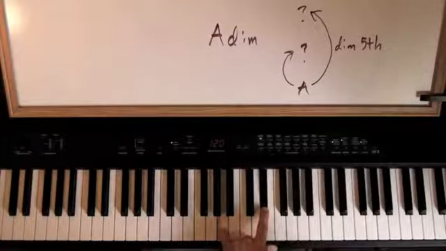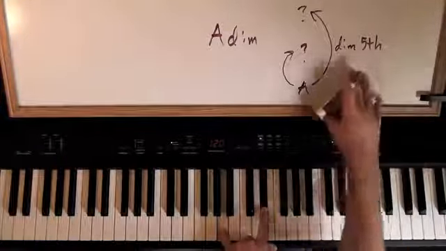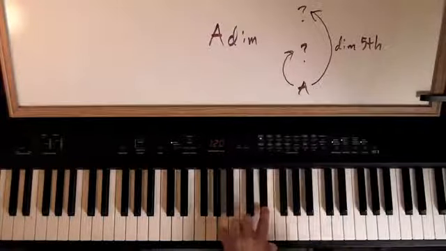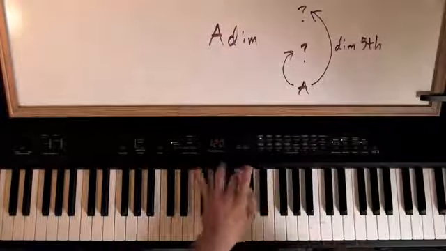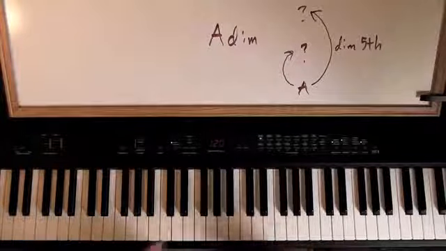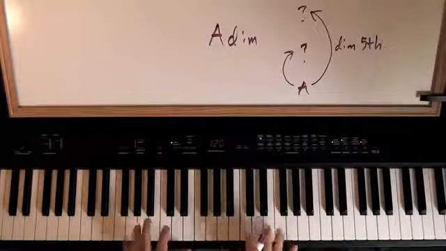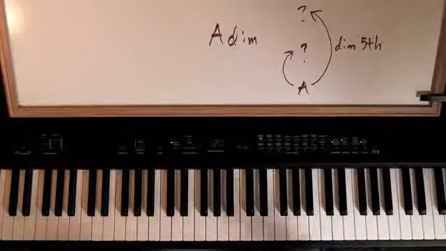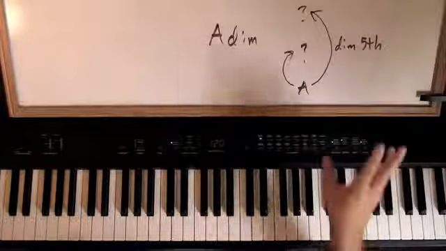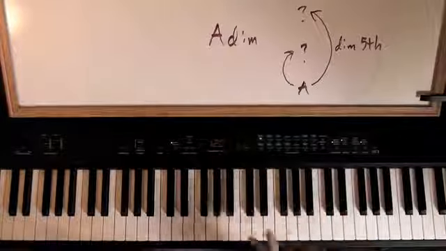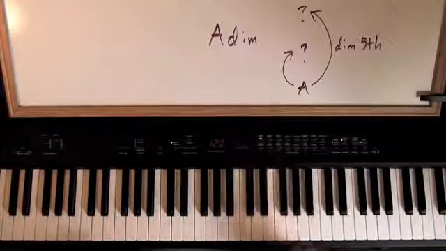Now you might think, okay, why not just call it a major fifth and a minor fifth? That seems like it's doing the same thing as the third. That has to do with how the music is set up and how these things work. But think of it this way. The fifth is not going to change very often. This is a little bit of an unusual chord. You're going to see it, but not that much.